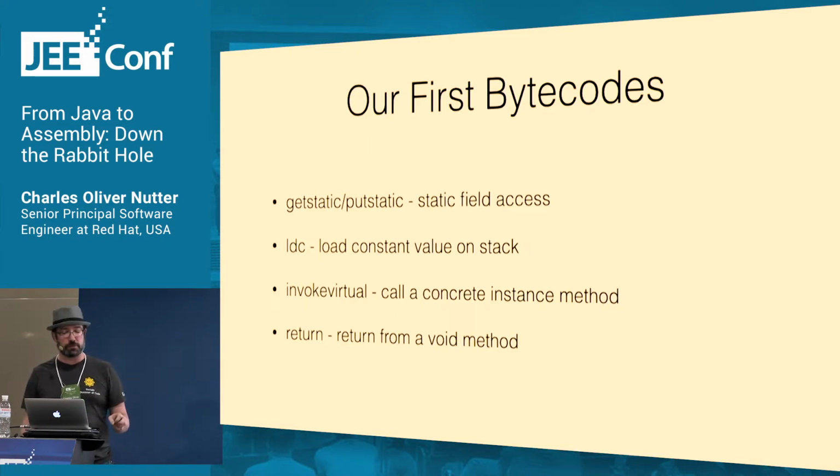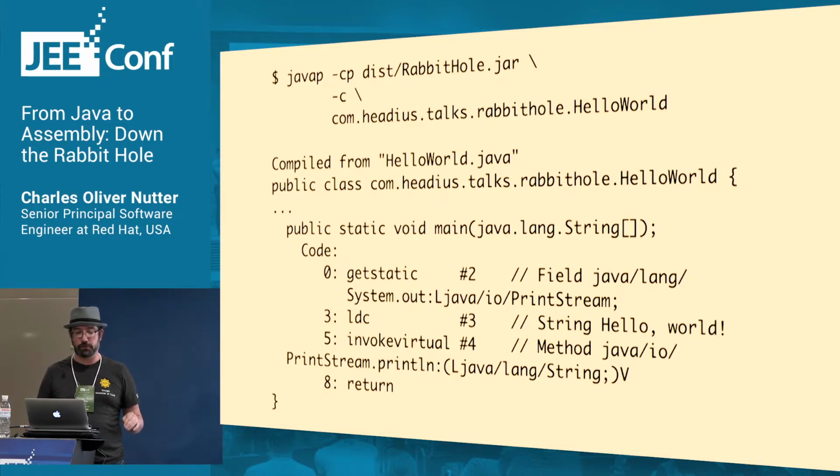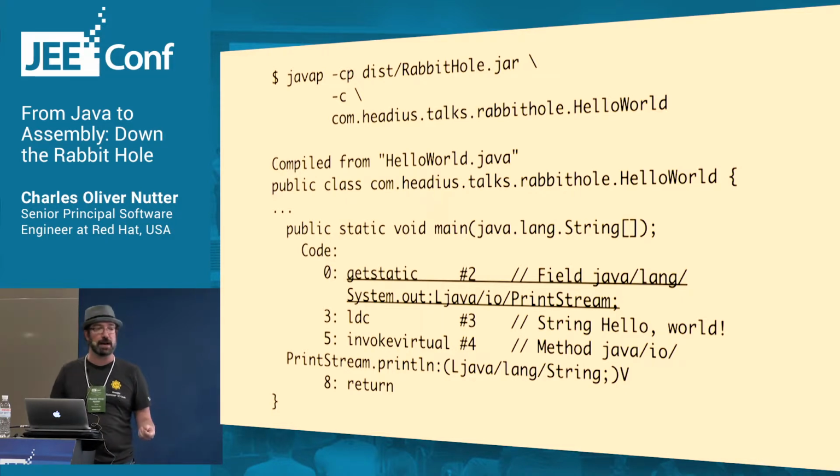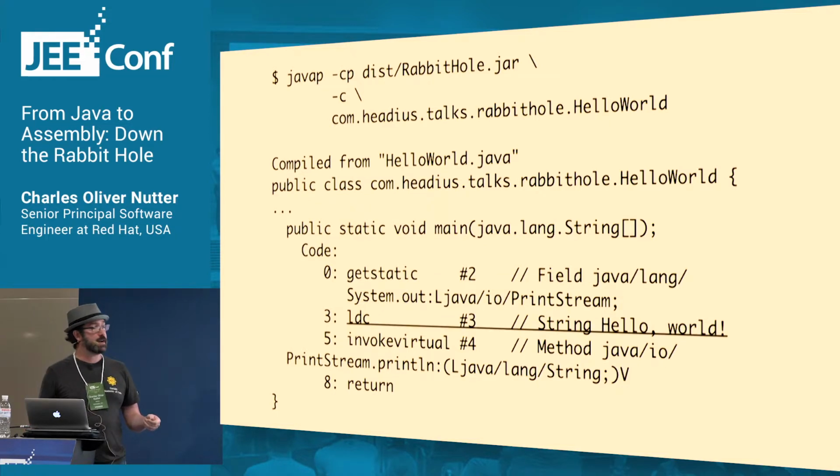So we'll walk through these 4 sets of bytecodes directly. We have our example here. So first of all, we get a static field, System.out, which is a PrintStream in this case. We load a constant. LDC is the load constant instruction. So we load a constant string, hello world, onto the JVM stack.